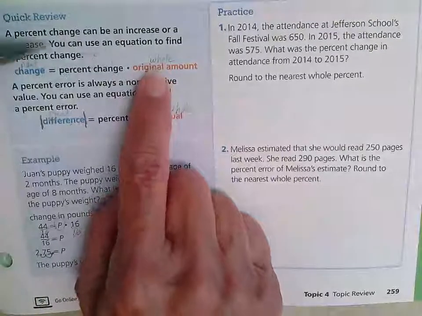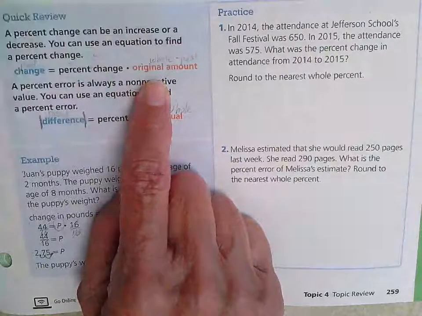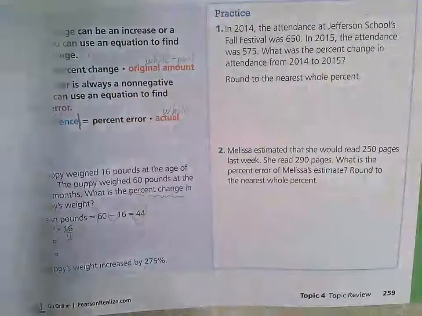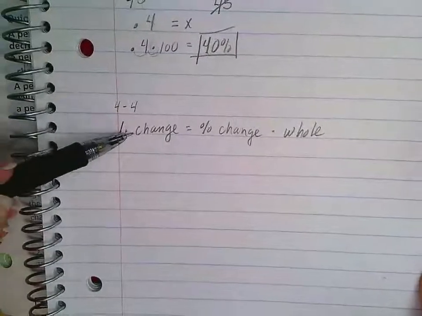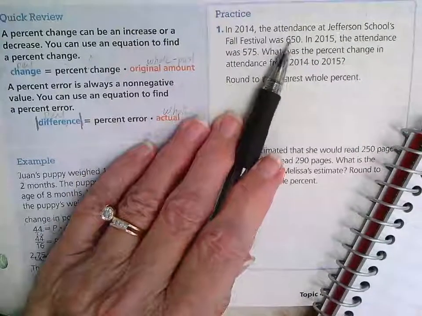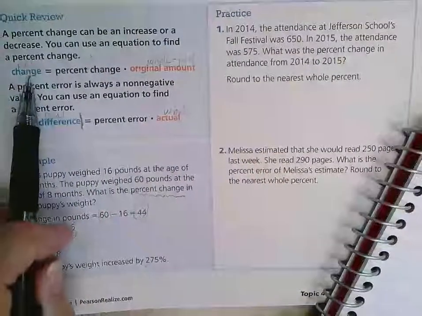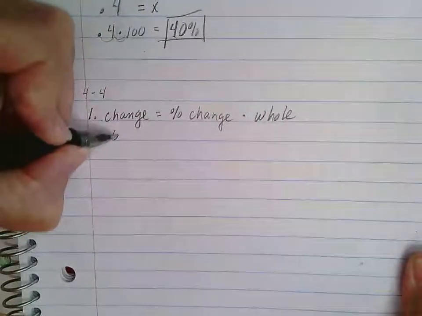And remember, this one is usually in the past. So here is our equation, and so we need to find the change, that part. 650 minus 575.